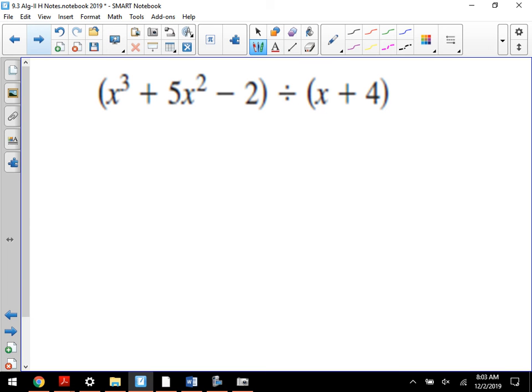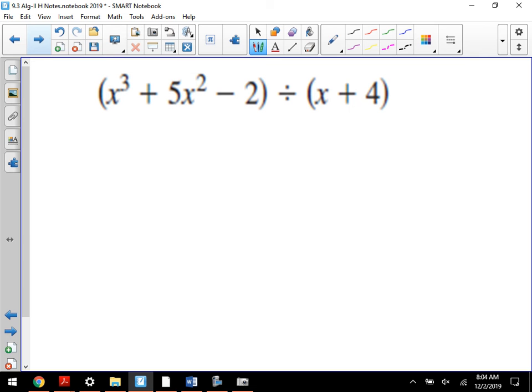Now, when you're dealing with long division, if it's a third degree polynomial, how many terms should it have? 4, okay? If it's missing a term, what do you have to put? A 0, a placeholder. So x cubed plus 5x squared minus 2, is it missing one of its terms? Yeah, what is it missing? The x.